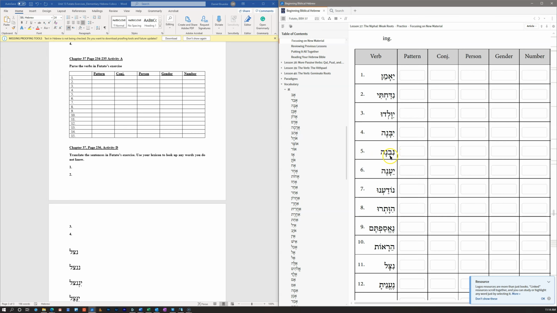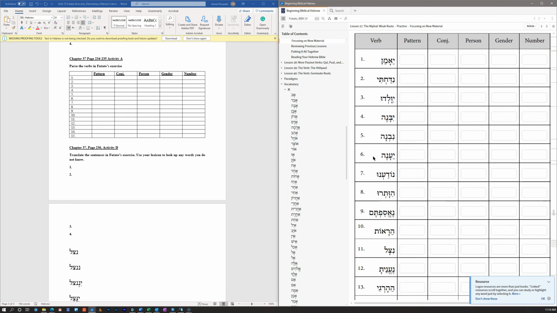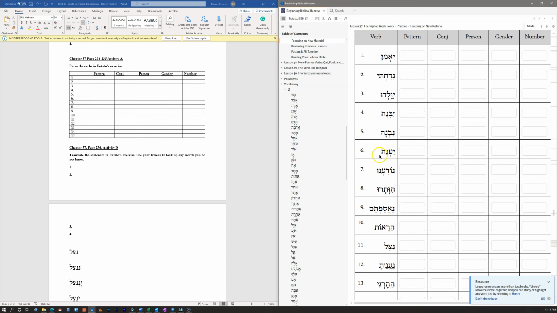Number 5, we've got Bana in the perfect with the Niphal, so this is he was or it was built.